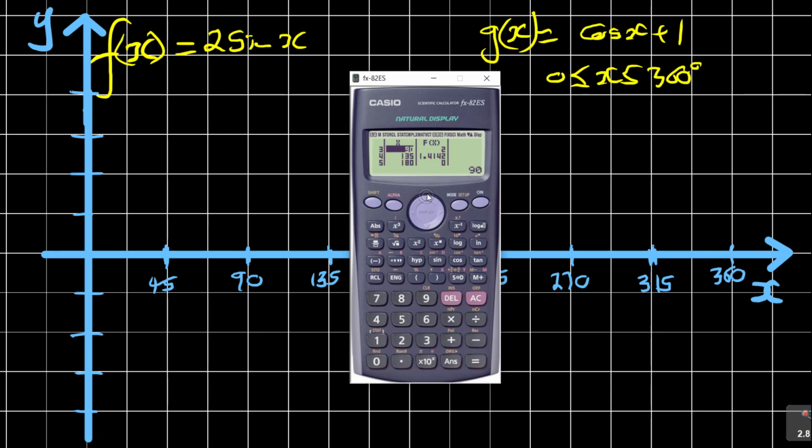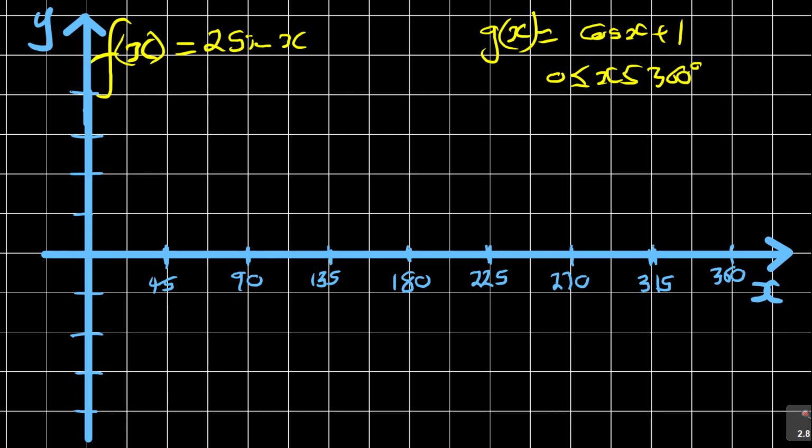So let's plot these. What's the first one? 0 is 0, 90 is 2. So let me use this one here. Now let me mark these like this. This is going to be my 1. I think the grid was like this.